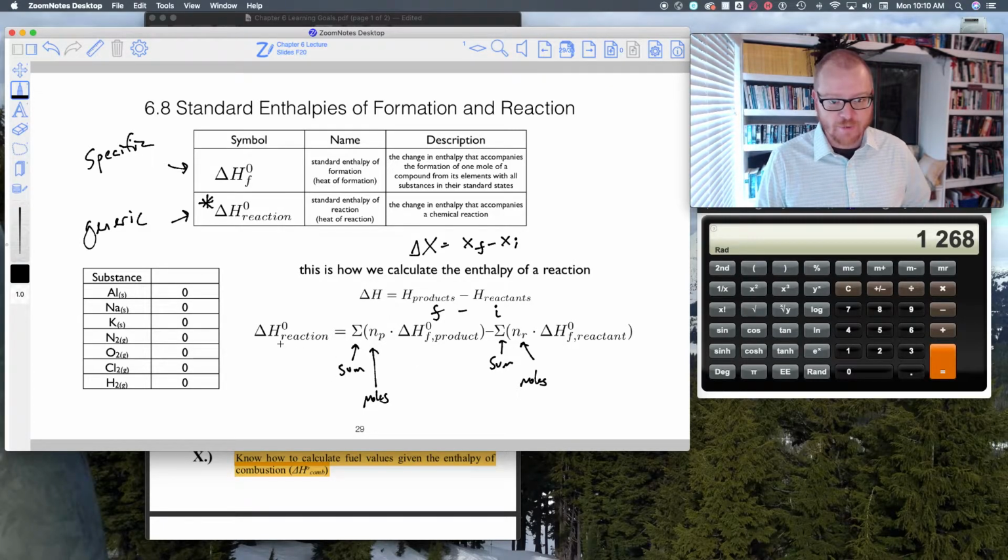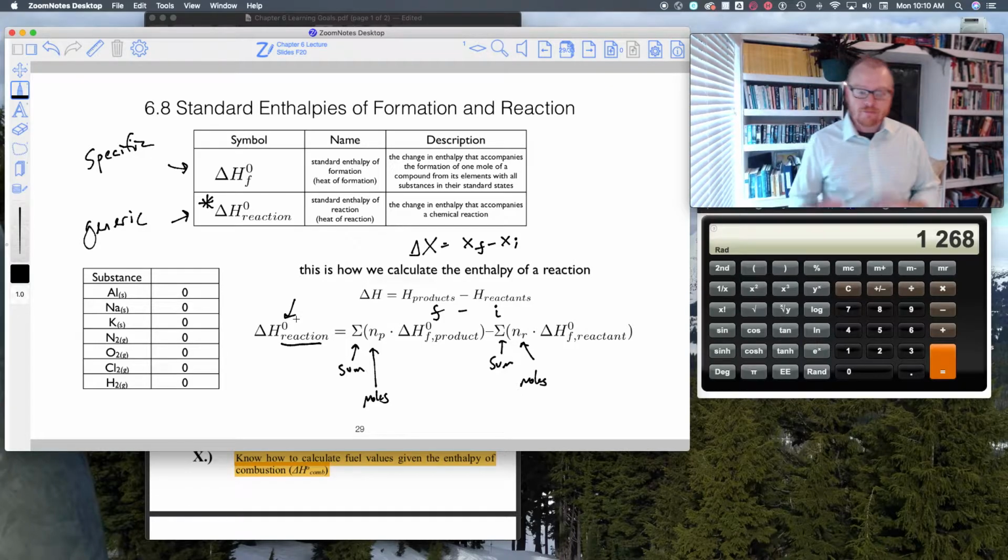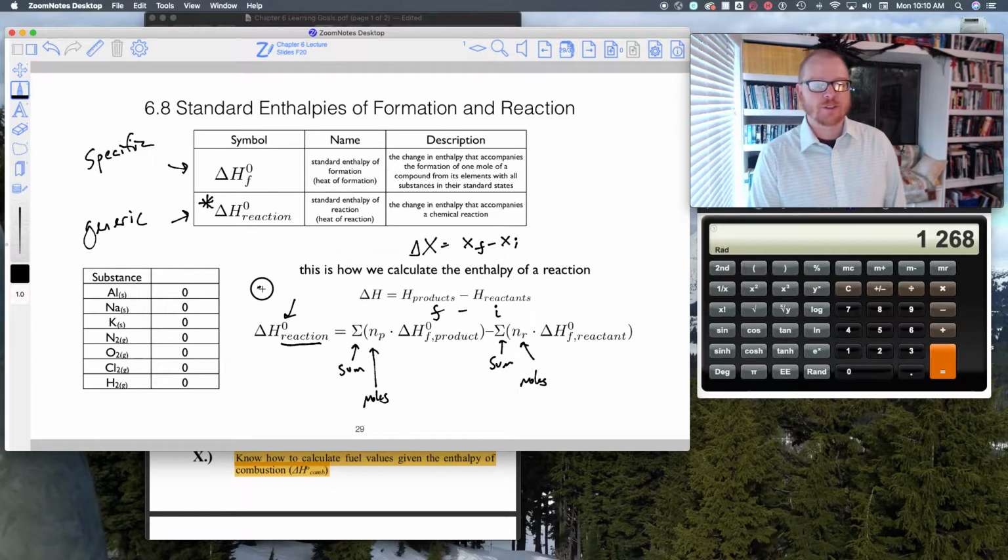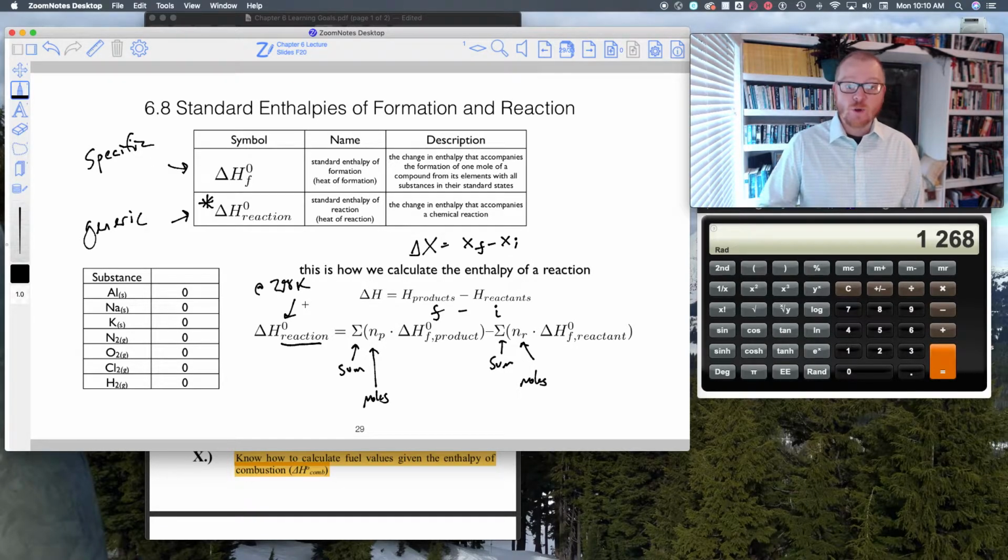So yes, for delta H of reaction, we have to know the specific delta H of formation, and note the standard, meaning at 298 K. So we have to be able to look these values up.